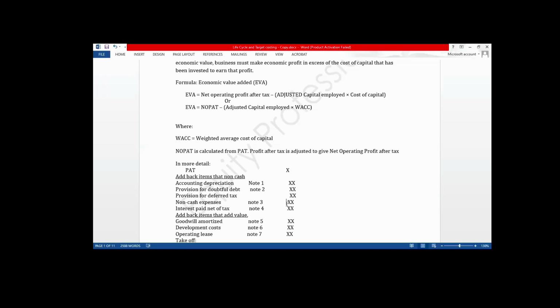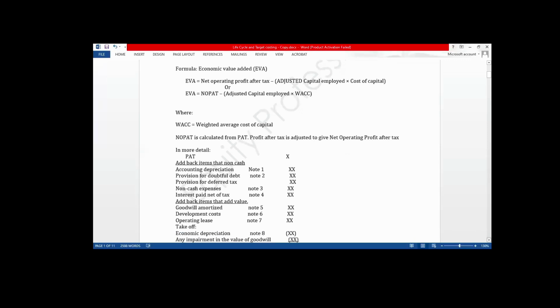All right. Also, add back items that add value to the business. What are these items? If a company has goodwill, and this goodwill can be quantified in value, then you are going to add back the goodwill. Goodwill amortized, add back.